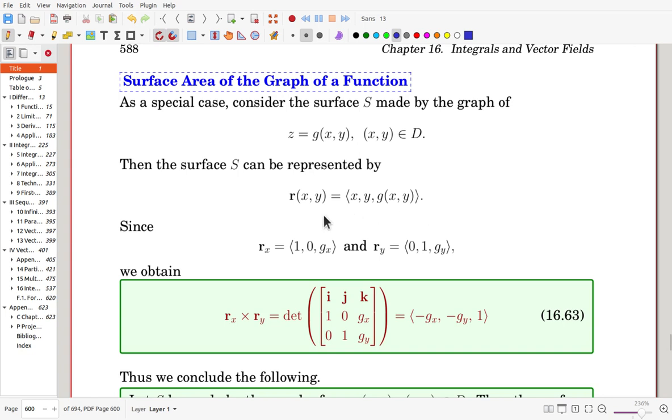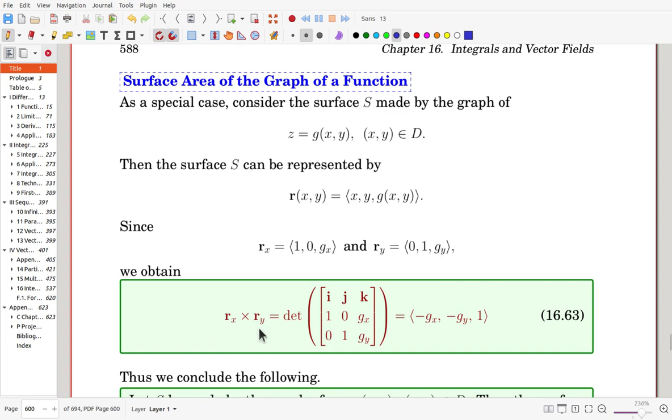Now, for this representation, we try to get the scaling factor. For r sub x, the x derivative gives 1, 0, g sub x. For r sub y, we get 0, 1, g sub y.